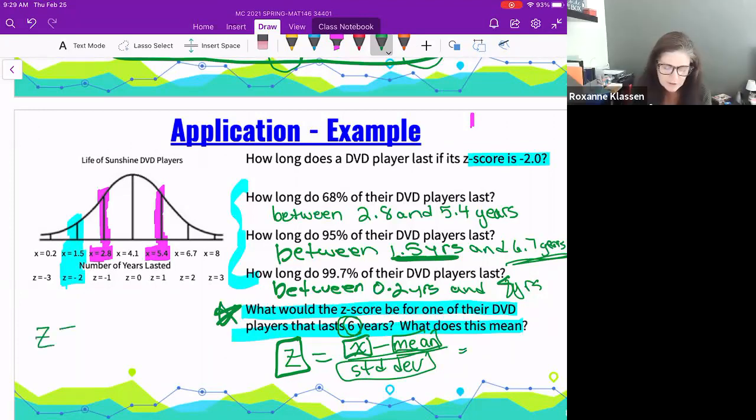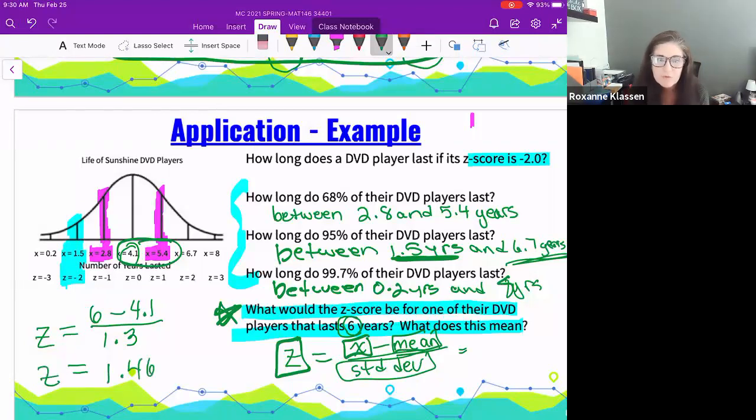So when you plug in, you say 6 minus our mean, which was 4.1, divided by our standard deviation. You might have had to calculate it by subtracting these two values, or you could remember it from the previous example. It was 1.3. And for an answer, Valerie says she got 1.46. Did anyone else get 1.46? Yeah, I saw Aaron shaking his head. Angelina, nice. Malachi, good.